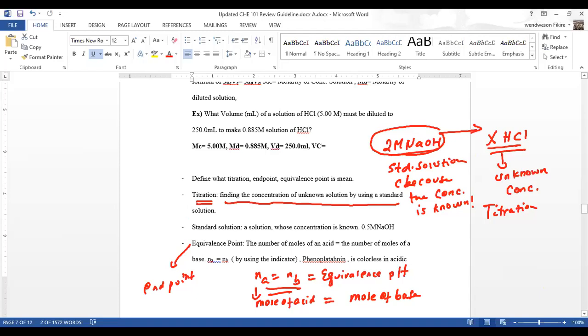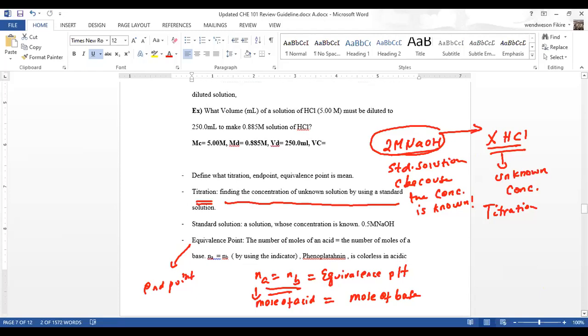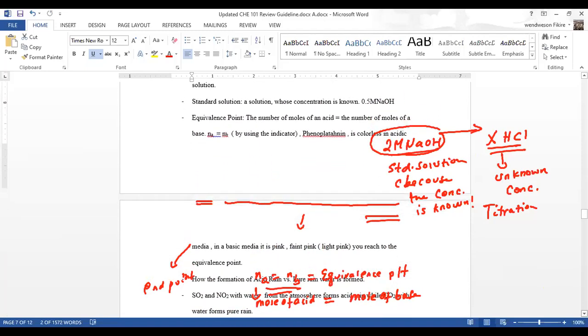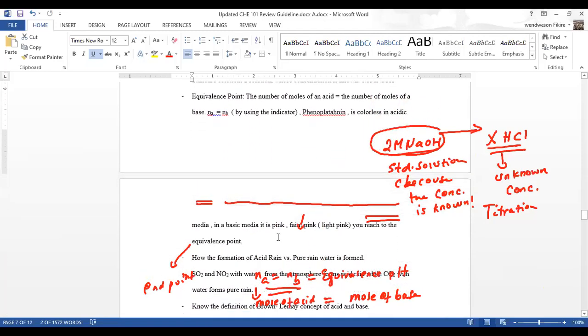Here is an explanation. By using an indicator, phenolphthalein, which is a color indicator, it's colorless in acidic solution and pink in a basic solution. You may see a faint pink, light pink color.